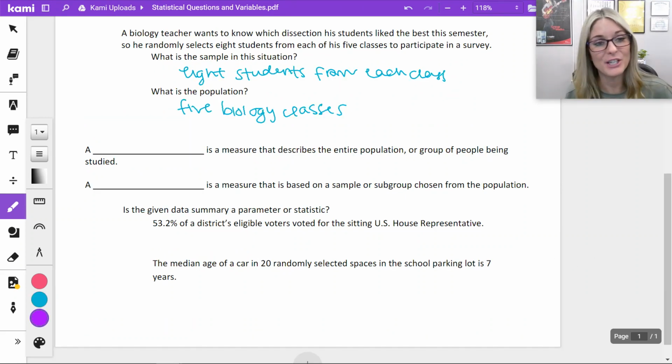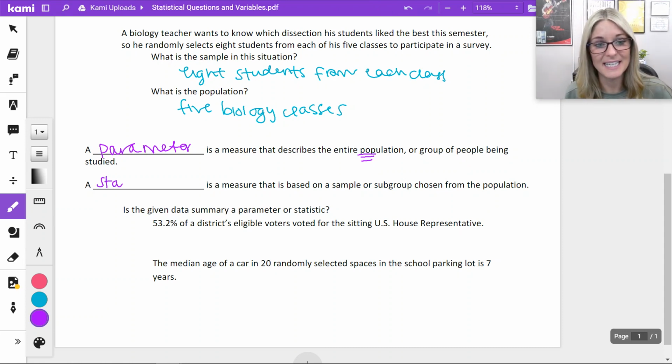Our next vocabulary terms, a parameter. A parameter is a measure that describes the entire population or group of people being studied. So I underlined the P of population to match with parameter so we don't get confused with our next vocabulary term.